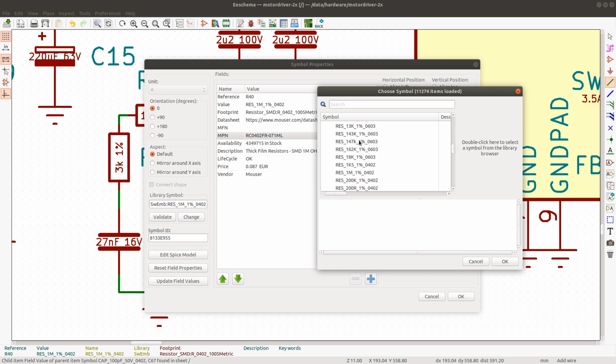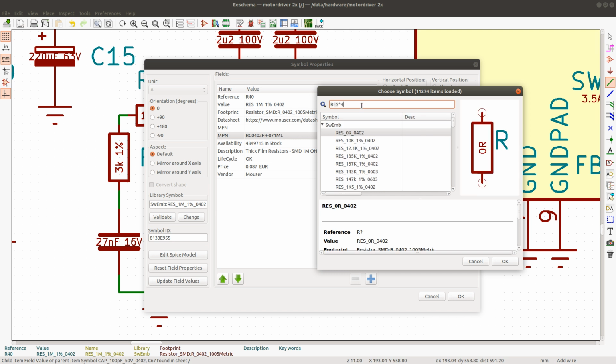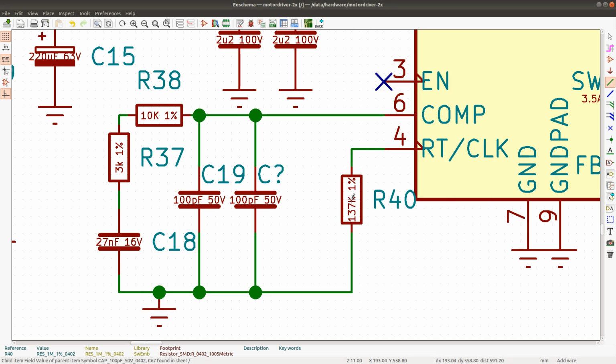Yeah, 147K, but then, okay, so 147K is 603. I don't need 603. I need, can I search with a wildcard? Yeah, cool. That was possible. Let's see if I use 137K there.